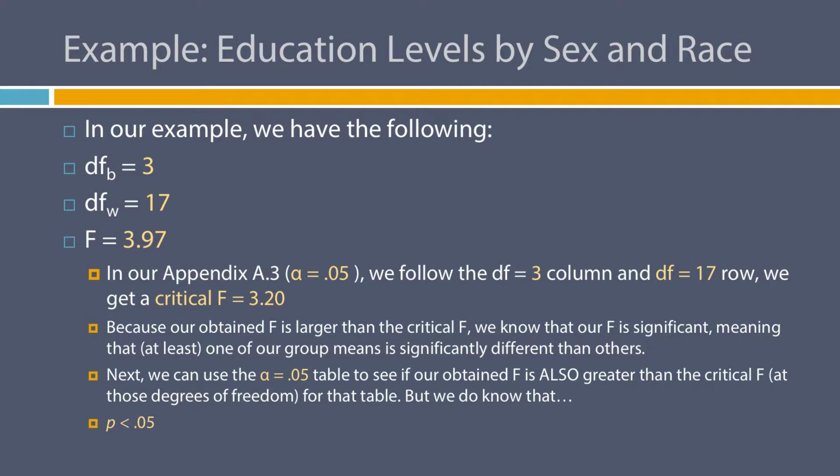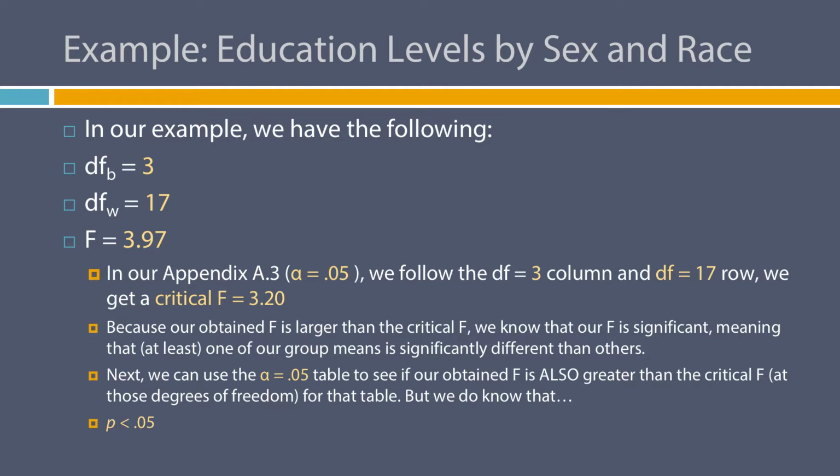This means that if it's significant at the 0.05 level, there's a less than 5% chance that the null hypothesis is true. Remember, the null hypothesis in this case says that all the means for every group, all 4 of these groups, are the same. What we've just found is that the means are not the same.